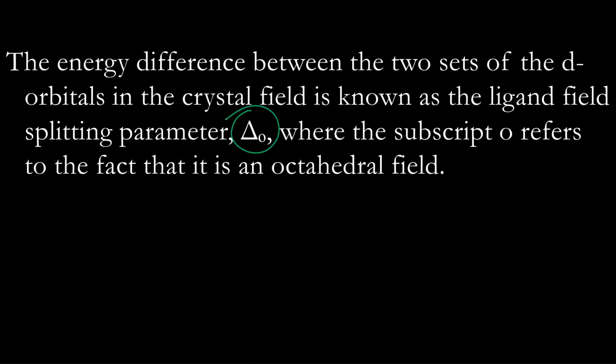It is also known as crystal field splitting energy, where the subscript O refers to the fact that it is an octahedral field. If you see delta T, that will be for tetrahedral. It is just the energy difference, nothing else.